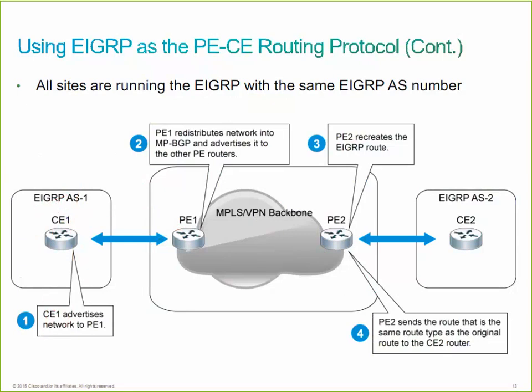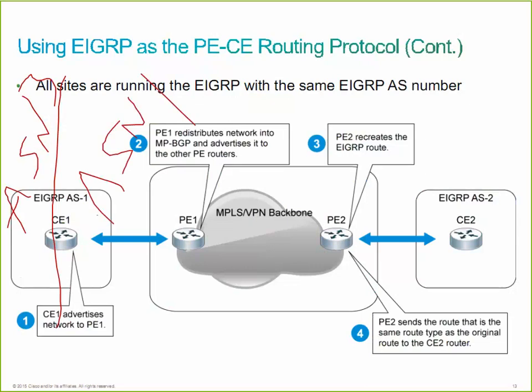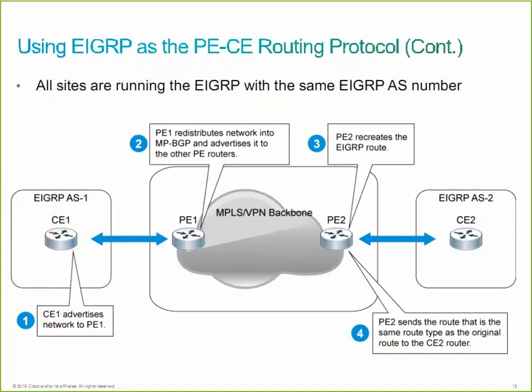Again, not very common, but it doesn't really matter in this case, because it could be that we're running EIGRP internally, maybe ASN3 here, and we're running ASN1 here, and we're just doing redistribution between those two EIGRP autonomous systems. But anyway, we are running EIGRP between the CE router and the PE router, okay?